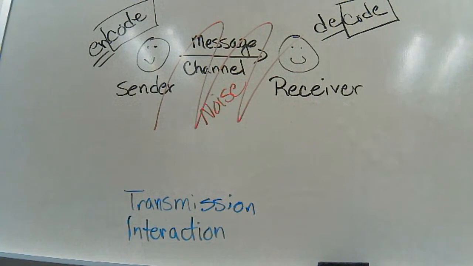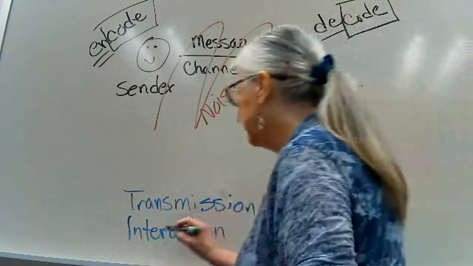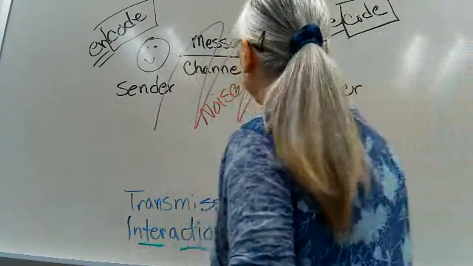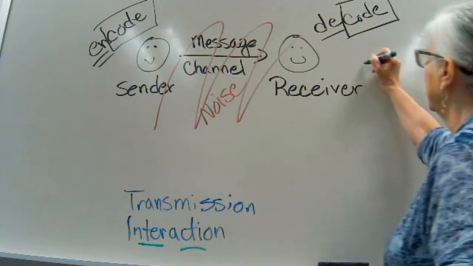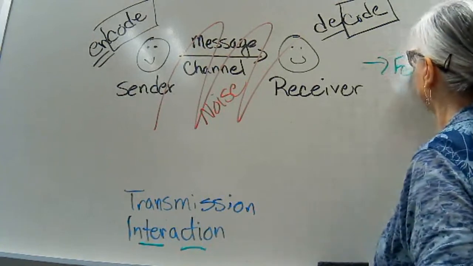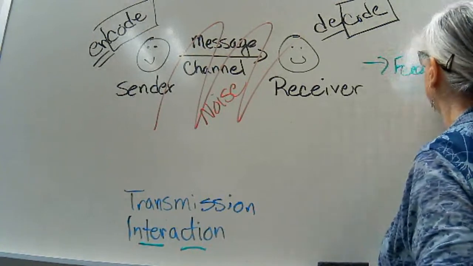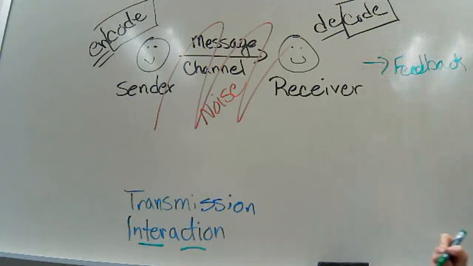Now, the most important difference in the interaction, emphasis on inter and action, is that for this one, we are expecting or wanting or needing feedback. All right? So the receiver is going to give some type of feedback. That feedback may be verbal or nonverbal, might be written, might be spoken, lots of different things.